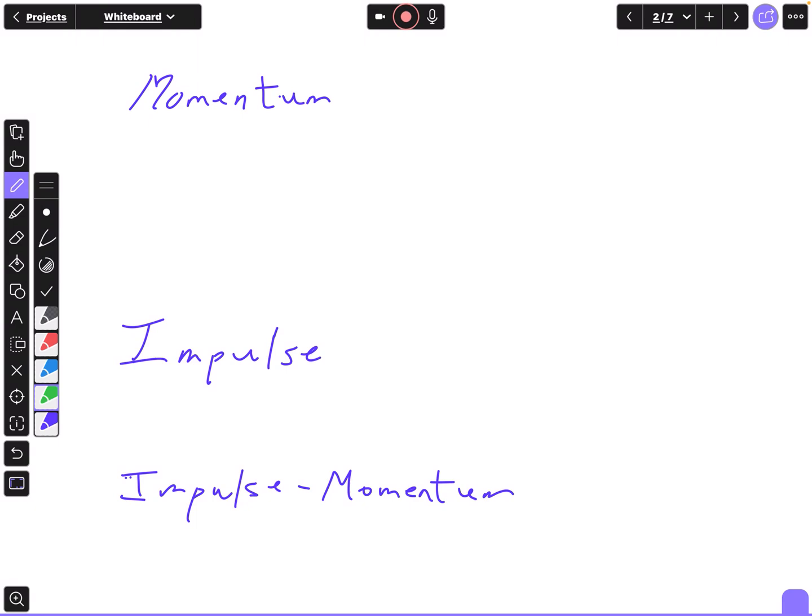We define momentum as the product of the mass and velocity. That's what momentum depends on. In our equation, we used a P for momentum, and then mass is M times velocity.